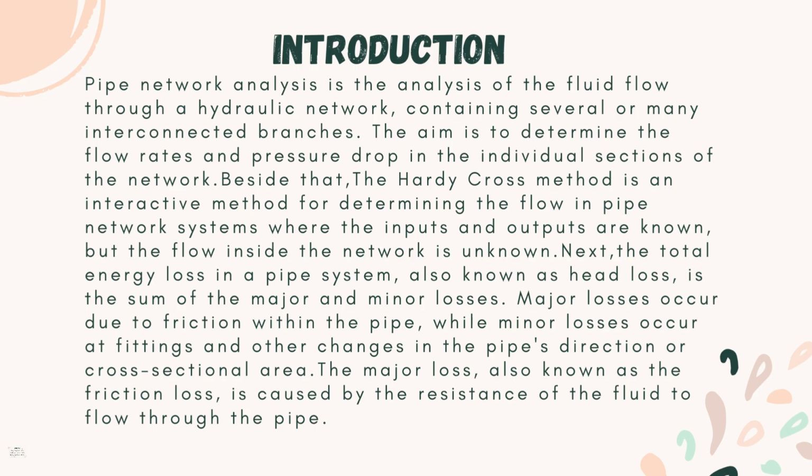The result of the analysis can be used to understand the behavior of the system, such as identify potential bottlenecks or leaks, and to optimize the system for maximum efficiency and reliability.